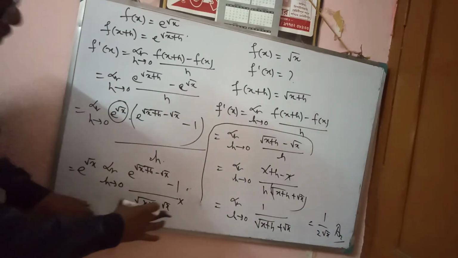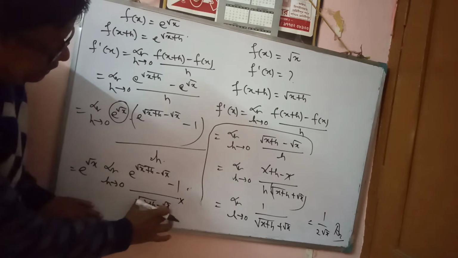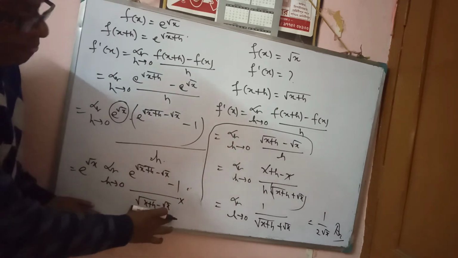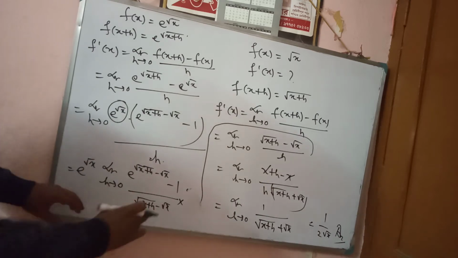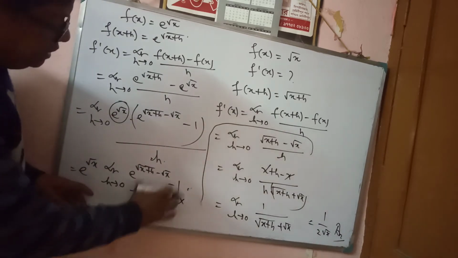So in this part, suppose this is a constant p: if h tends to 0, then the whole part also tends to 0.